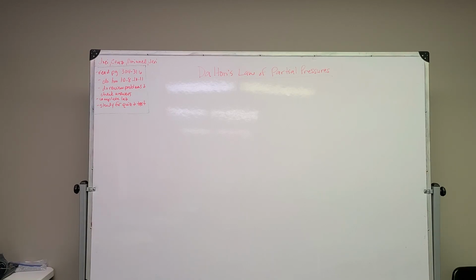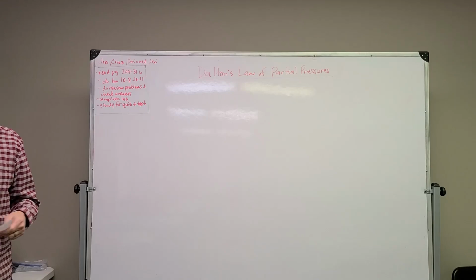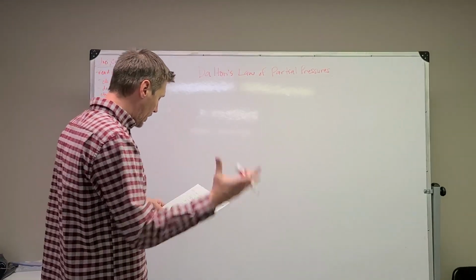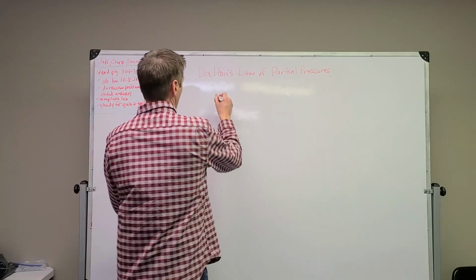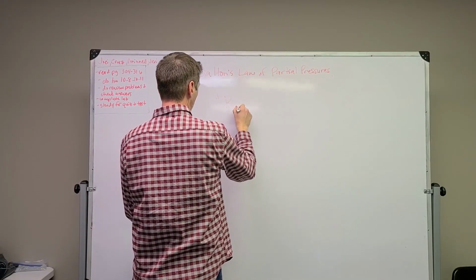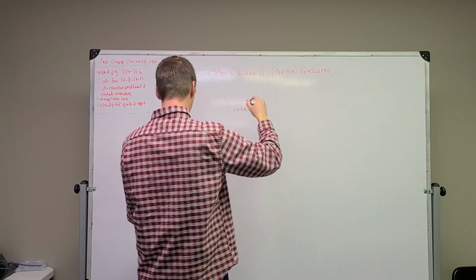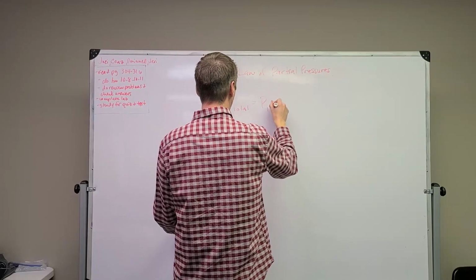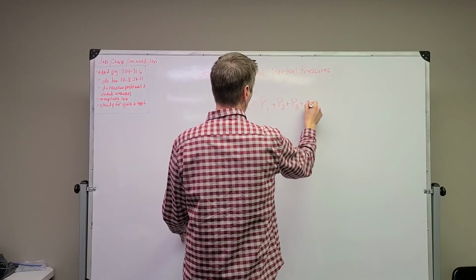All right? And so what this law tells us is that for a mixture of ideal gases, if you've got a bunch of ideal gases in a container mixed together, you could say that the total pressure of the gases for that mixture is equal to the sum of the partial pressures of the individual gases in the mixture.